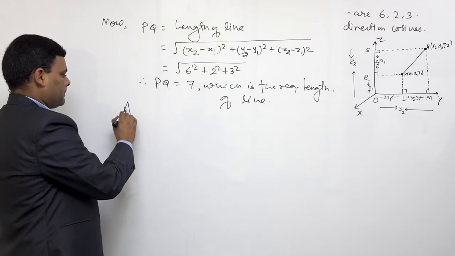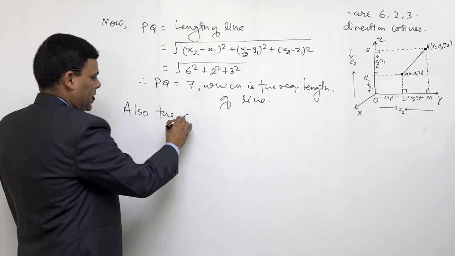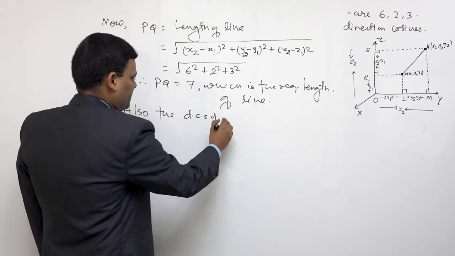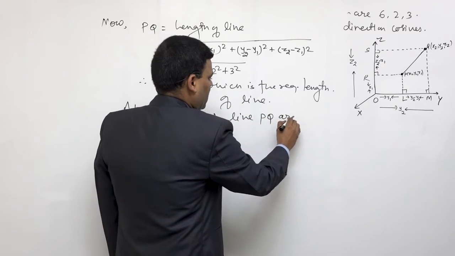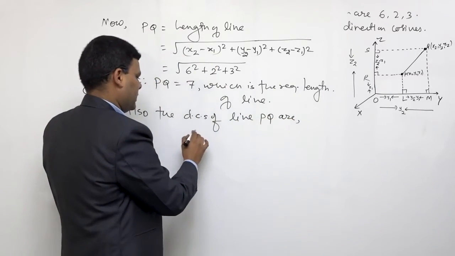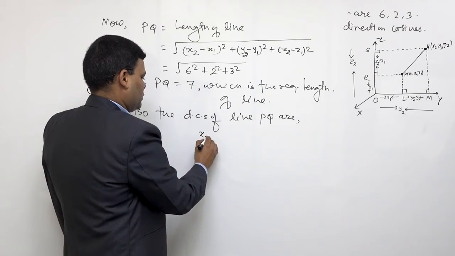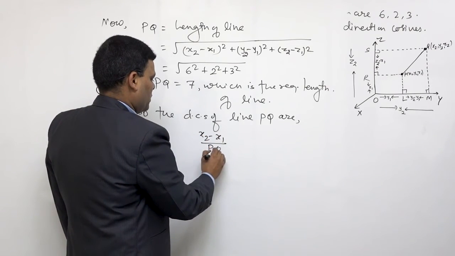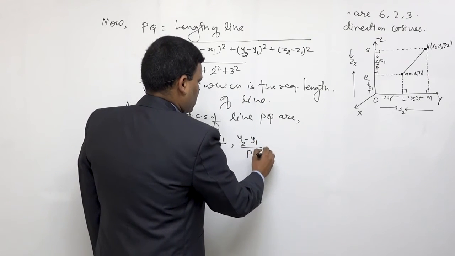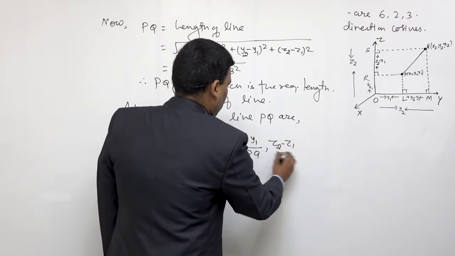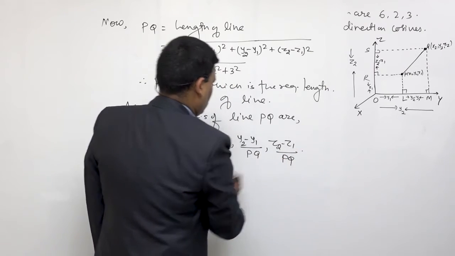Also, the direction cosines of line PQ are (x2 minus x1) by PQ, (y2 minus y1) by PQ, (z2 minus z1) by PQ.